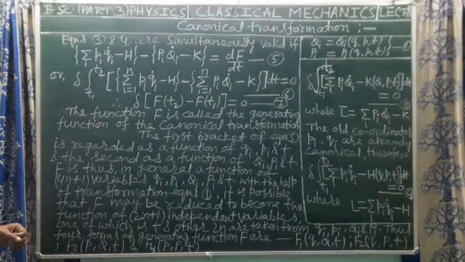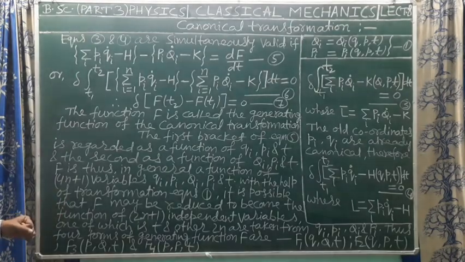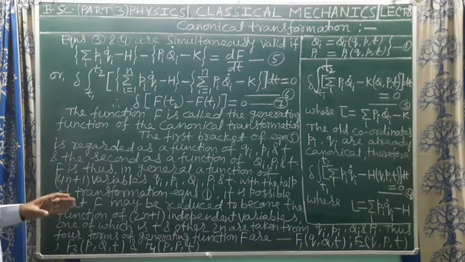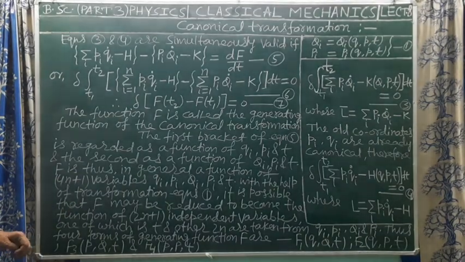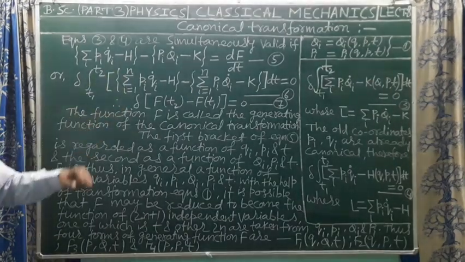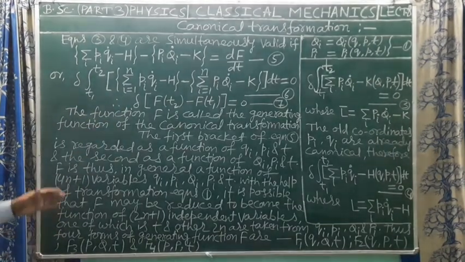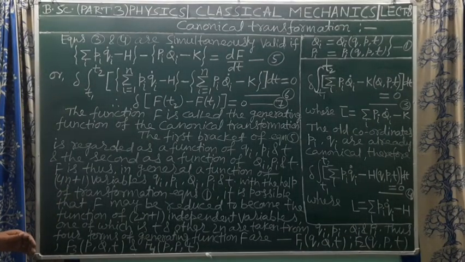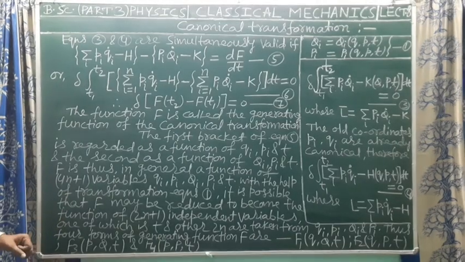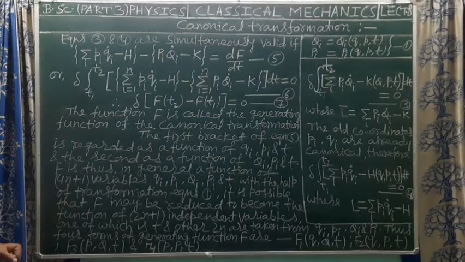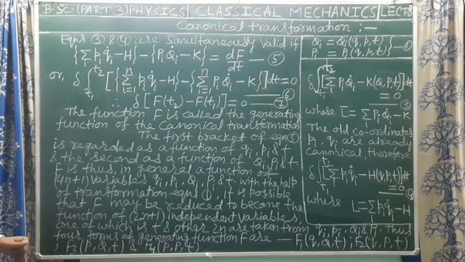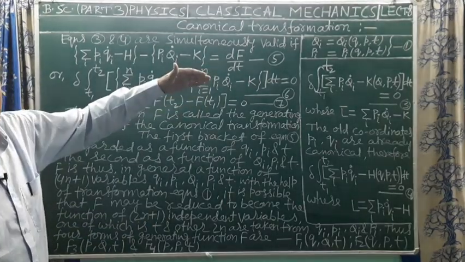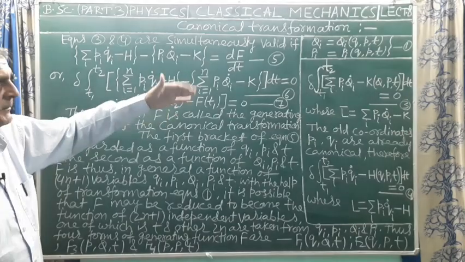From equation 5 it is clear that the generating function capital F is a function of 4n plus 1 variables. But with the help of the transformation equations given by equation 1, we can reduce 4n plus 1 variables into 2n plus 1 variables. That is, the generating function capital F may be reduced to become a function of only 2n plus 1 variables using the transformation equations given by equation number 1.